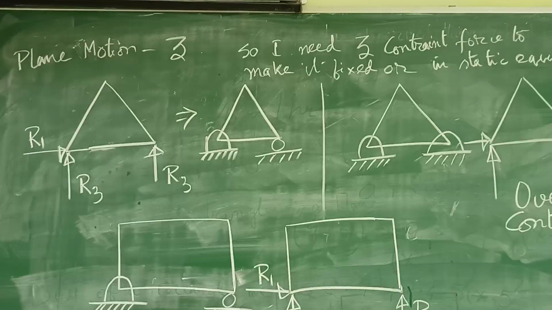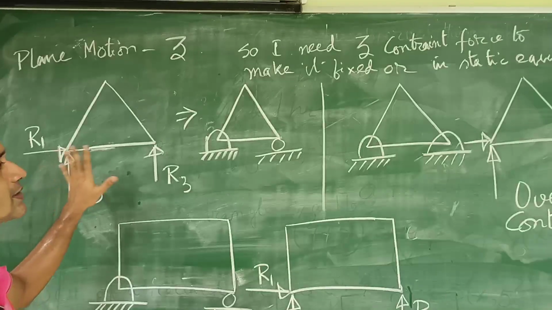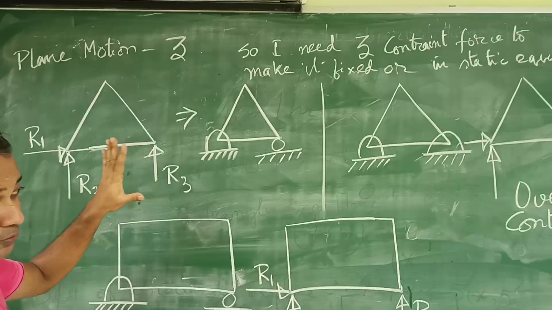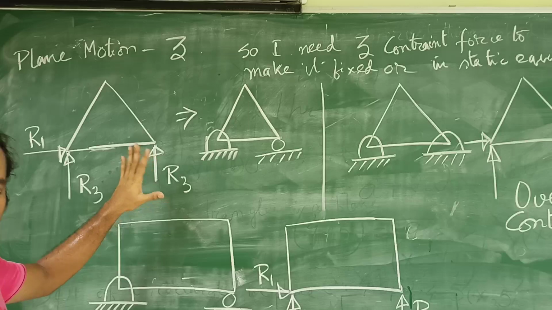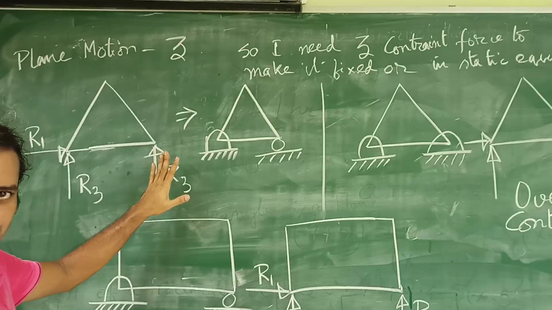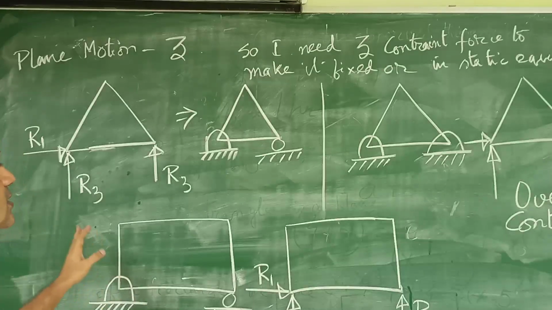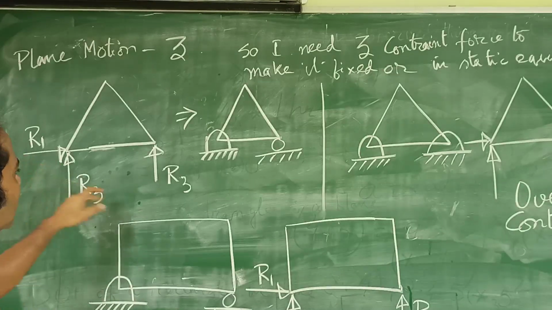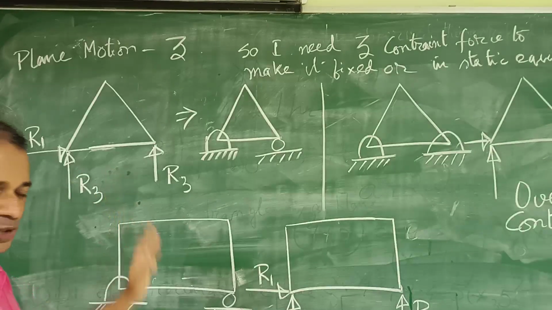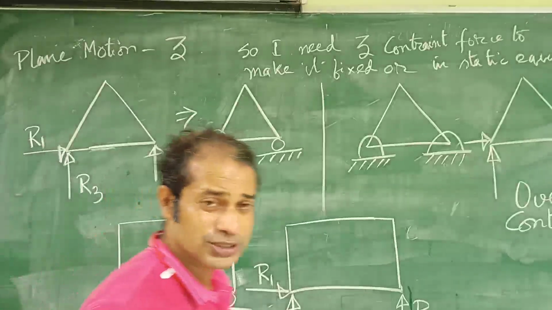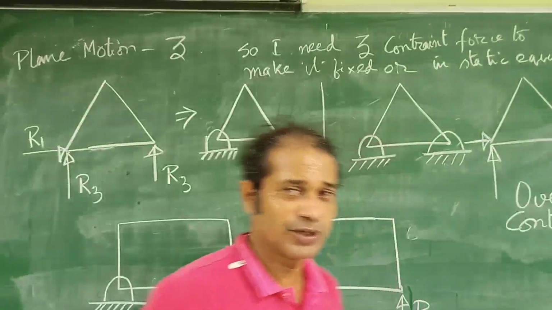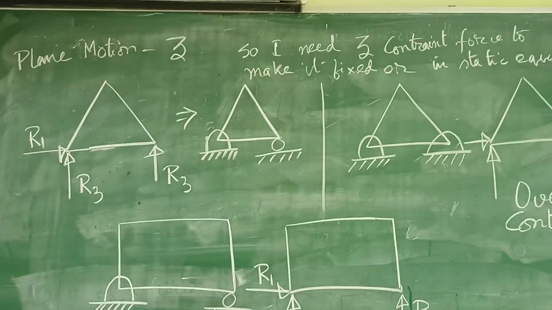For example, as I mentioned, in a planar motion, 3 motions are possible. So I need 3 constraint forces to make it not move, and these 3 constraint forces are R1, R2, R3. So for a planar motion, these 3 constraint forces are not going to change. Either you can take the moment or the force, whichever way you choose, but you are going to get 3 distinct ones.